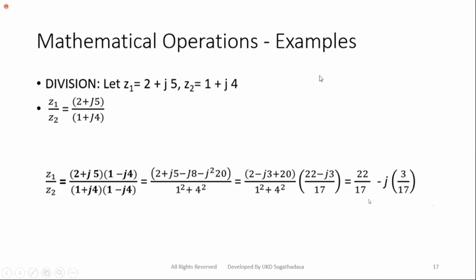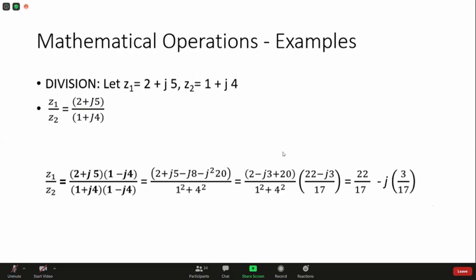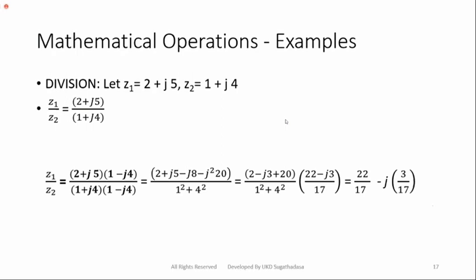Just multiply both sides by 1 minus j4. So the bottom side you get 1 square plus 4 square. Then the top product, you get 4 terms when you multiply: 2, j5, minus j8, minus j square 20.